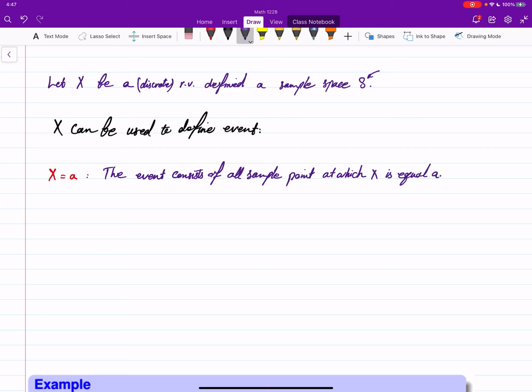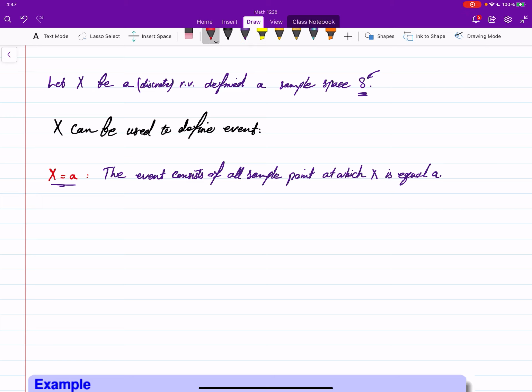In other words, you find all the points for which the value of the random variable X is equal to a. Gather all those, put them in a subset of S. That is the event given by X equal to a.